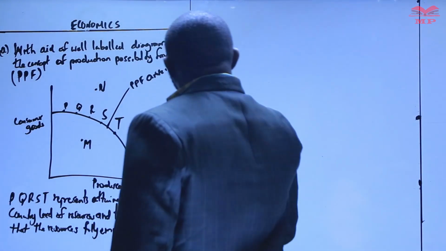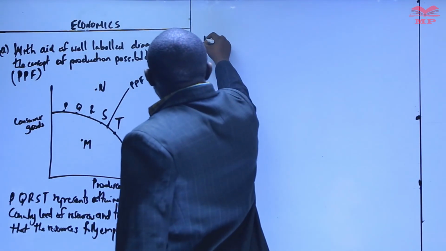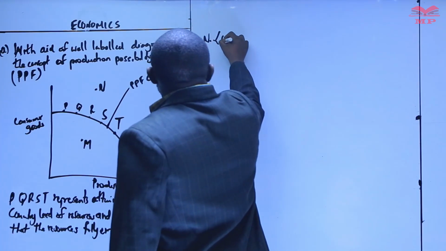That is attainable. So we can look at a point N that is outside.